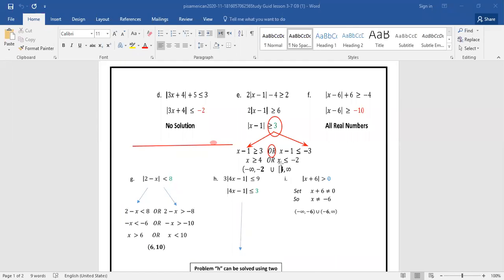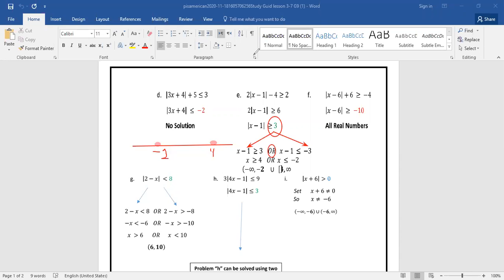And what about x less than or equal negative 2? So we have another circle here. The first one stands on 4, and the second stands on negative 2.